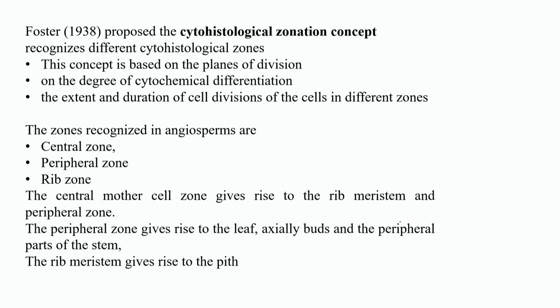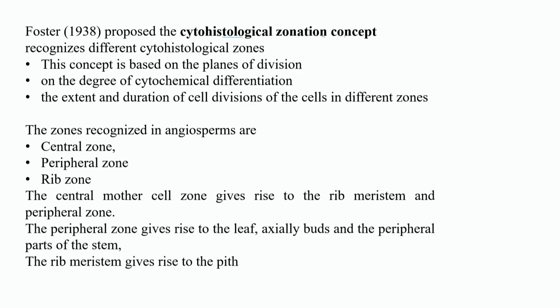Now moving on to the next, the cytohistological zonation concept, on which many plant meristematic tissues have been characterized, and different zones have been identified in the shoot apical meristem. It was given by Foster.